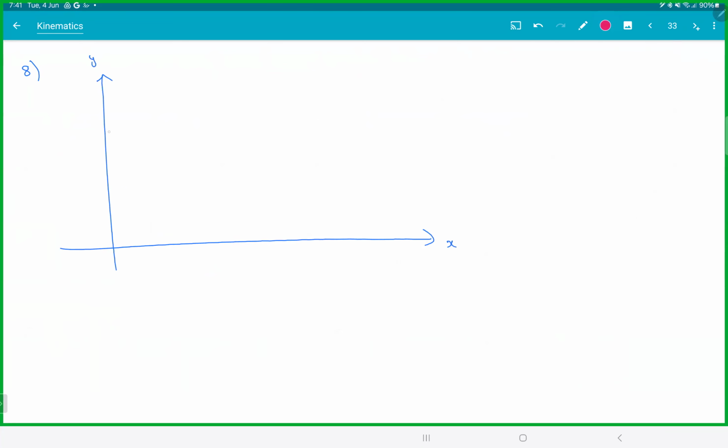We have a particle here at (0, L). It's on the y-axis there.